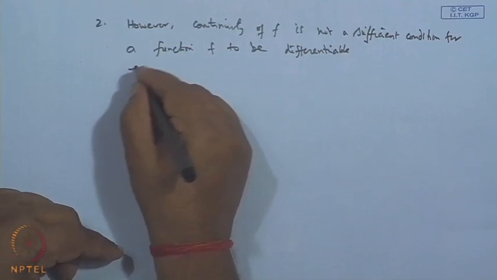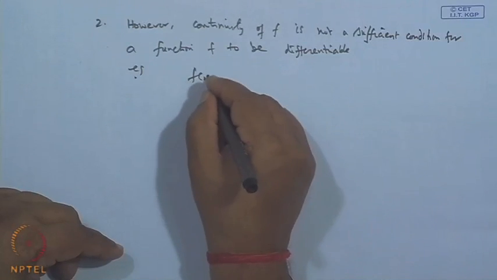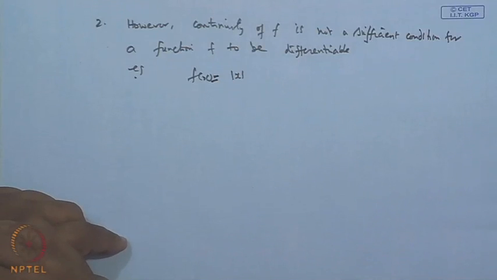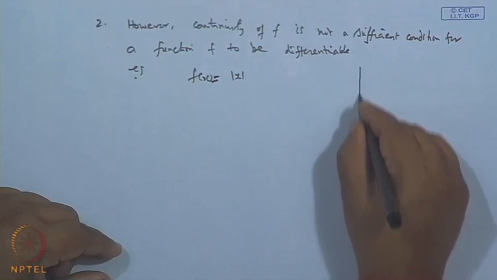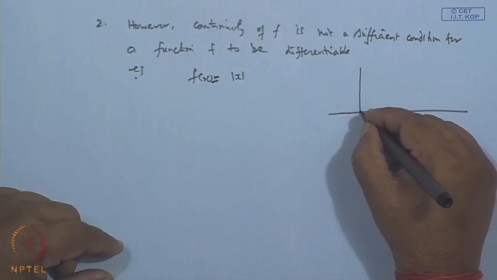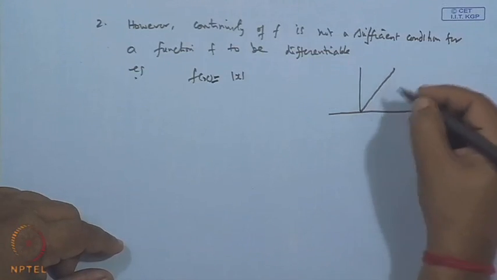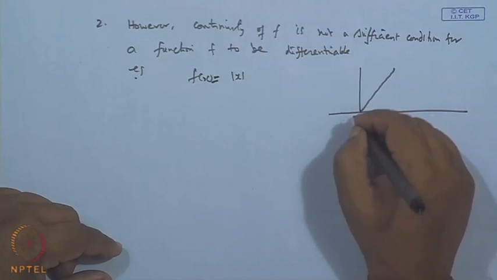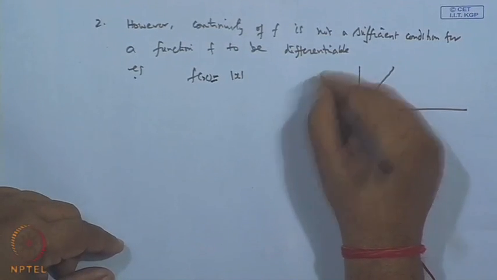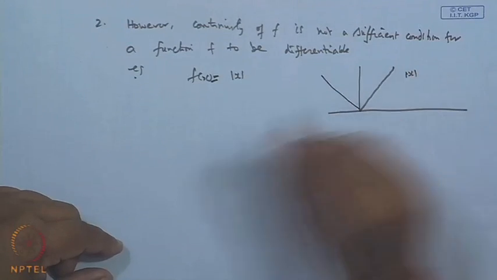For example, if we look at the function f x equal to mod x, the curve of this function is like this: at x equal to 0, it is 0. When x is positive, y equals x. When x is negative, y equals minus x. So, this is the graph for mod x.